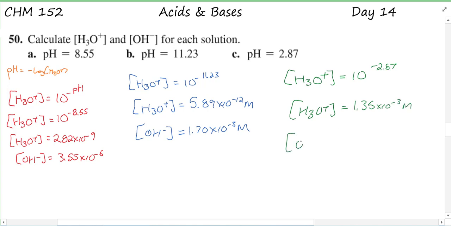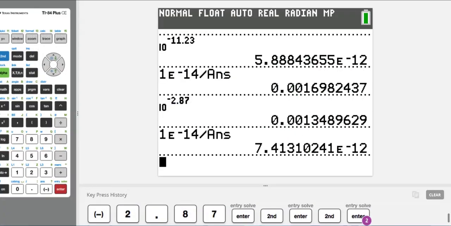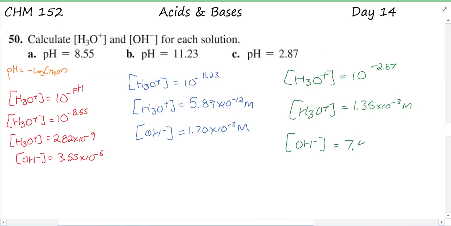And hydroxide is 7.41 times 10 to the negative 12.